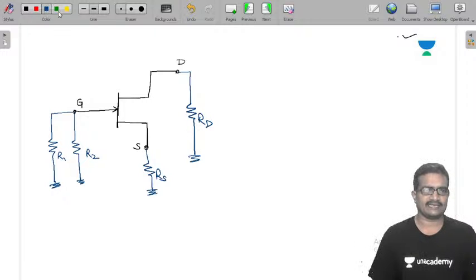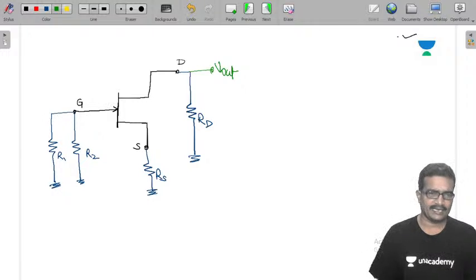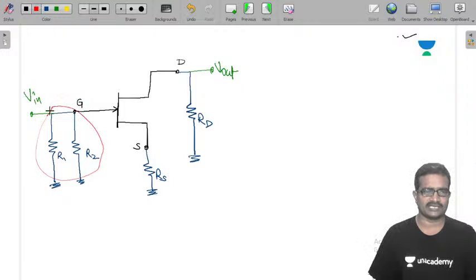At the drain we take the output, and at the gate we apply the input. The parallel combination of R1 and R2 I am taking as RG, R1 parallel with R2.